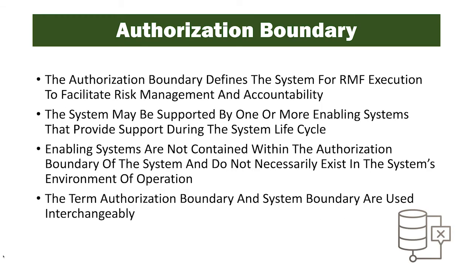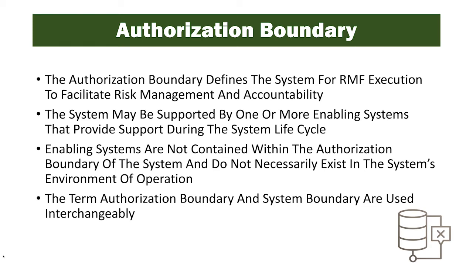Authorization boundaries are important, and we'll talk about them in their own module a little bit later, but we have a high-level overview here. The authorization boundary defines the system for the RMF execution to facilitate the risk management and accountability. The system may be supported by one or more enabling systems that provide support during the system development lifecycle, or SDLC.